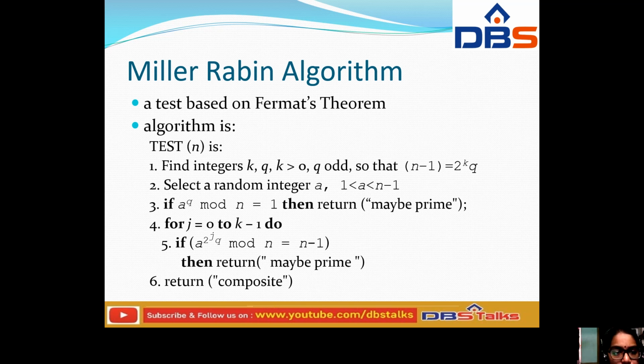So if a power q modulo n is equal to 1, then you have to return that it may be prime.